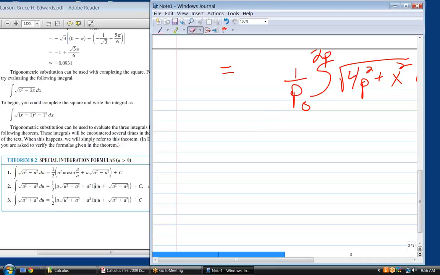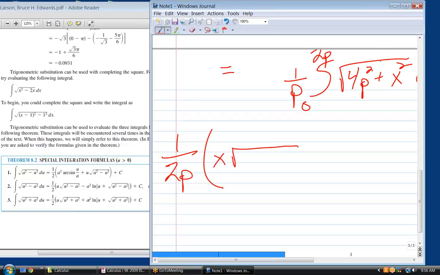So combining the 1/2 and the 1 over p, we get 1 over 2p times u, which is x, times the square root of u squared plus a squared.